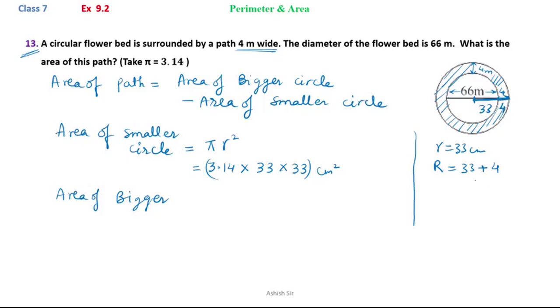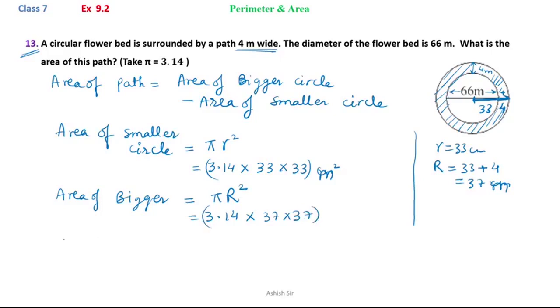So the radius of the bigger circle will be 37 meters. Now area of bigger circle is pi r square, value of pi 3.14 into radius 37 into 37.